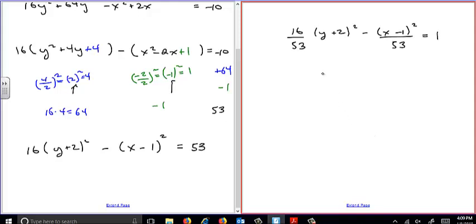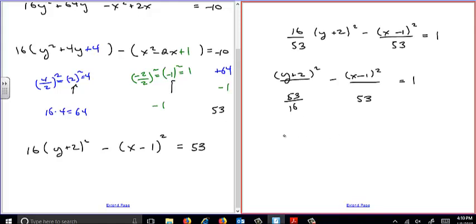So you get that. And then what we would do is rewrite this as y plus 2 squared over 53 over 16. Instead of 16 over 53, we take the reciprocal of that. Then you have minus x minus 1 squared over 53 equals 1.